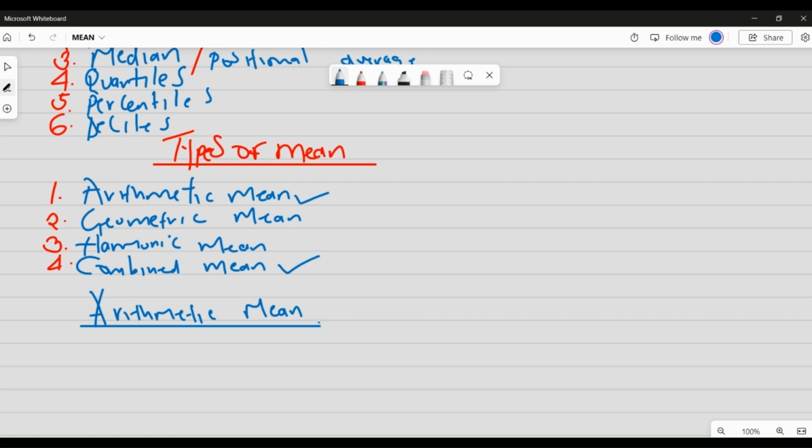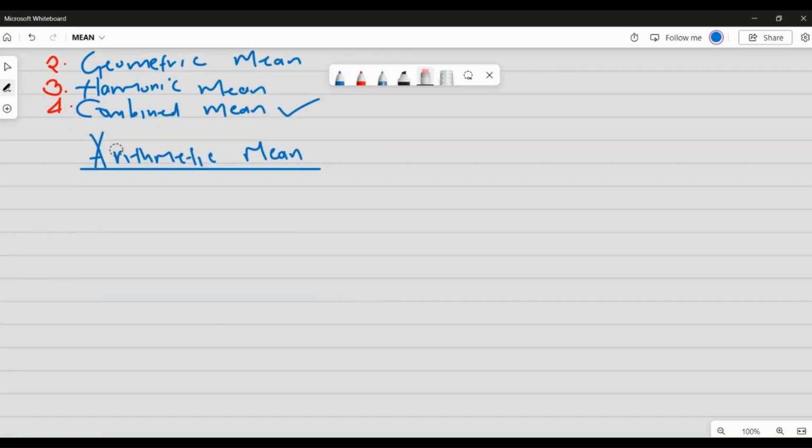There are three methods, and the first one and the most common one is what we call the direct method.